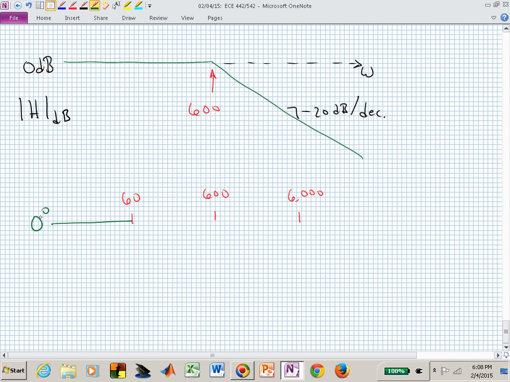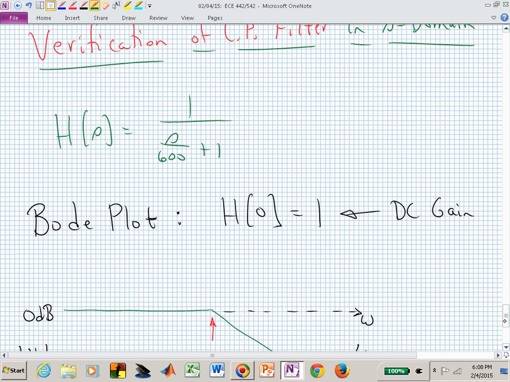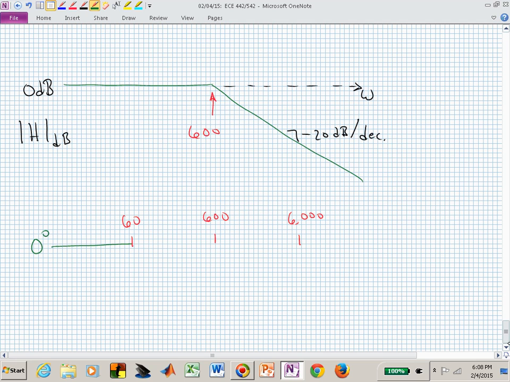We start at 0. Where do we end up in our phase? The only frequency term we have in this transfer function is in the basement downstairs. That's the pole factor. And we only have 1, so it's going to give us 90 degrees. And since it's downstairs, it's minus 90. We're going to go from 0 to minus 90. We'll make that transition over this 2-decade interval, straddling the break frequency of 600.